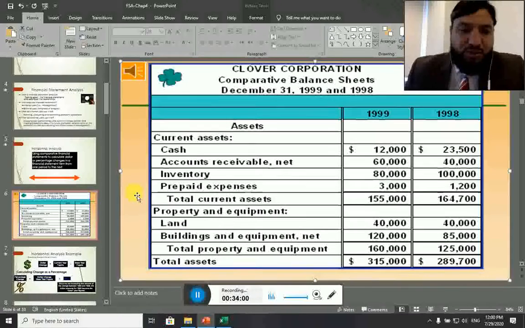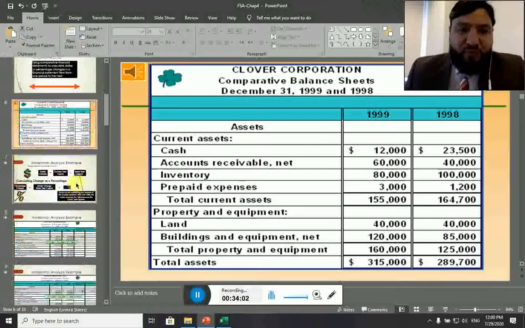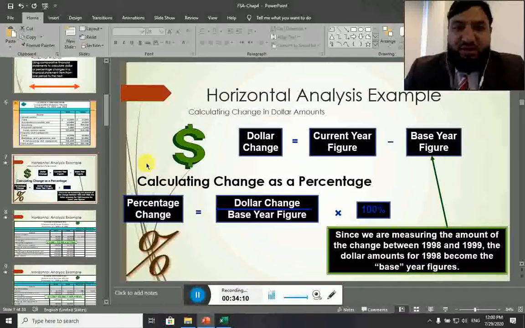Now the formula used to carry out horizontal analysis on the balance sheet is given here. If you want to find out the dollar change, you will have to subtract the base year figure from the current year figure.